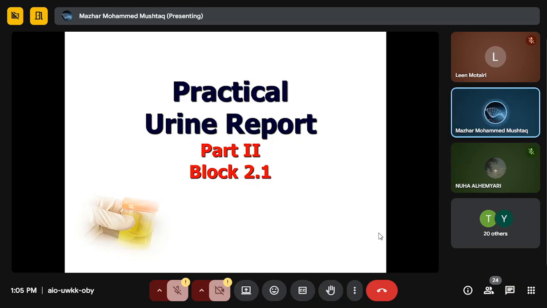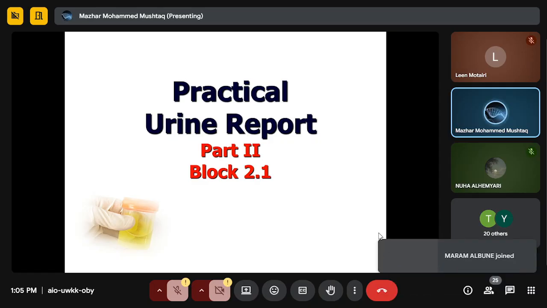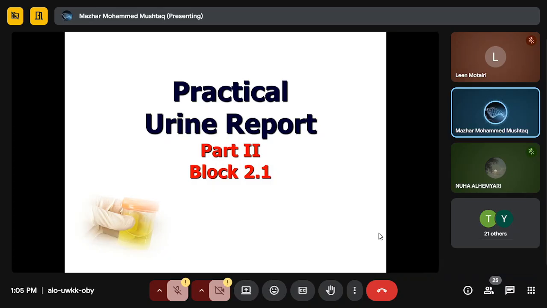This urine reporting should practically be done, but since we have some complications with the lab system, we have divided it like this: in the first year, we spoke about the normal constituents of the urine, the things that are normally seen in the urine.